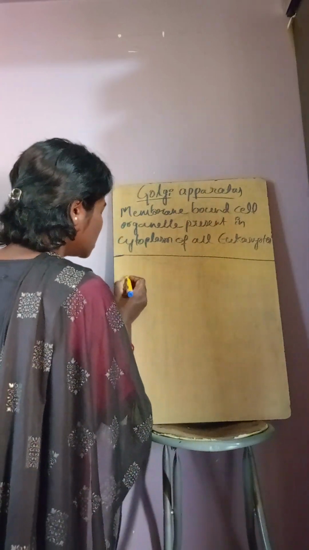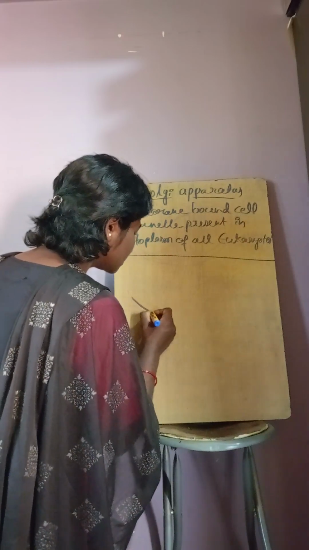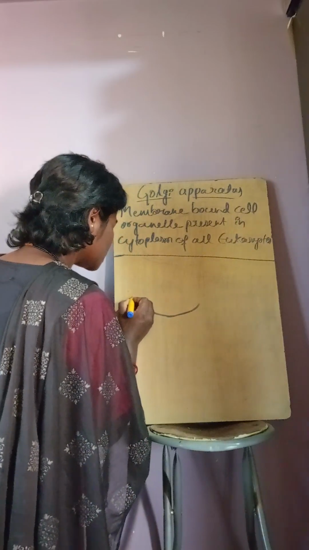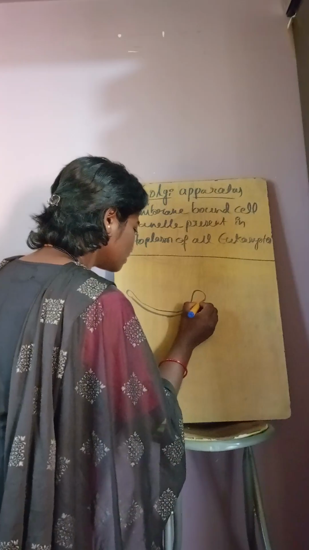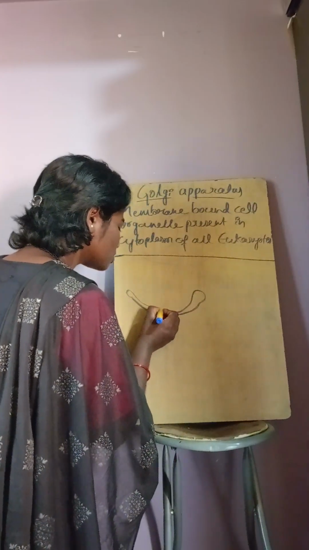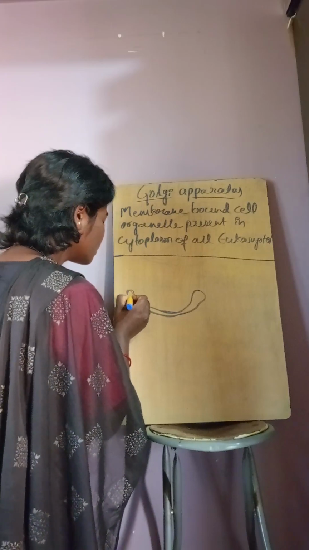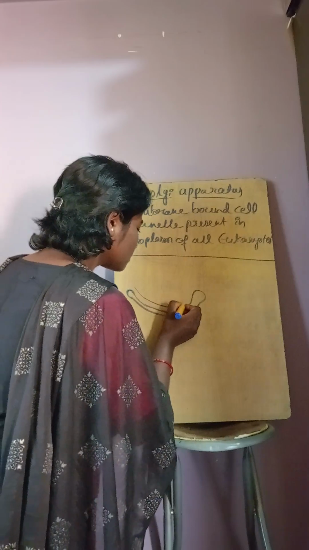All are the same. The Golgi apparatus is commonly present near the endoplasmic reticulum. It is commonly observed like this, with bulged portions present at the ends of the Golgi apparatus.